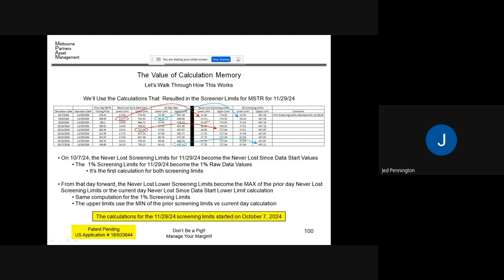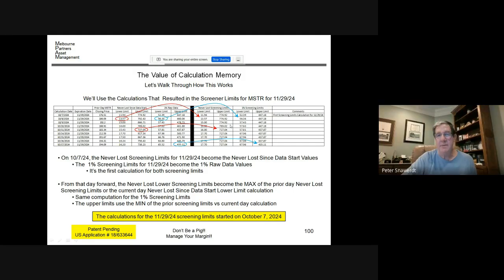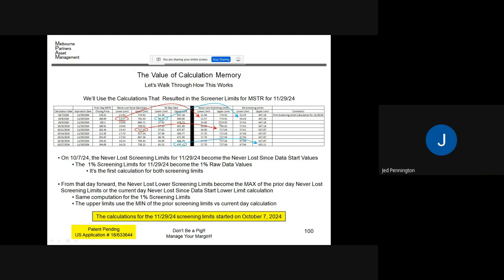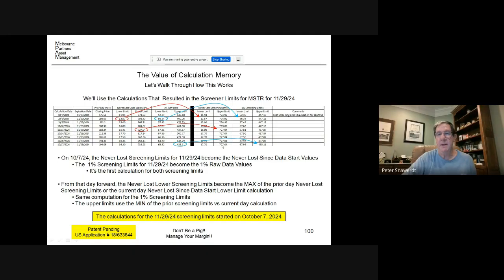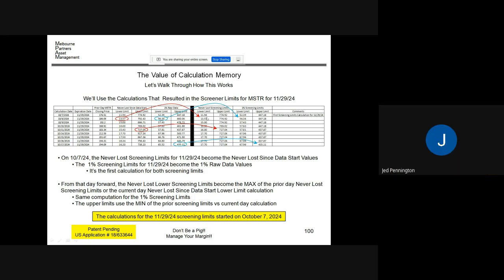It's greater than 774.92, so it won't replace it. Remember, the upper limit is the min of the maxes. Well, the minimum is 774, not 866. And the lower limit is the max of the mins: 1357 right there.